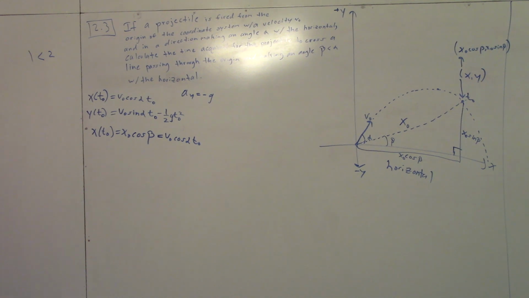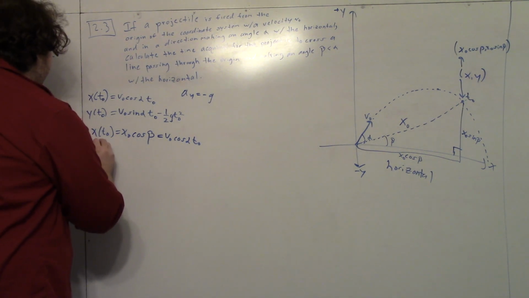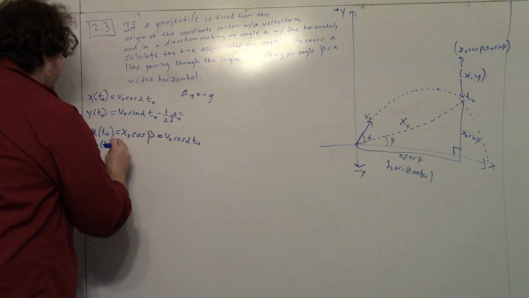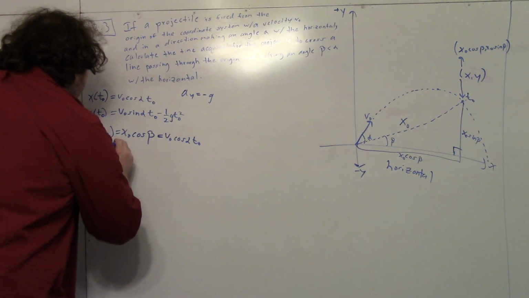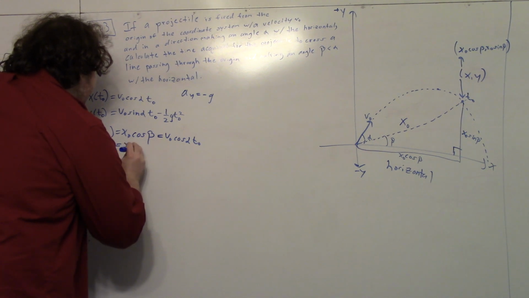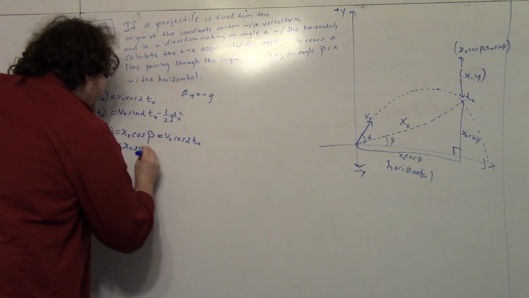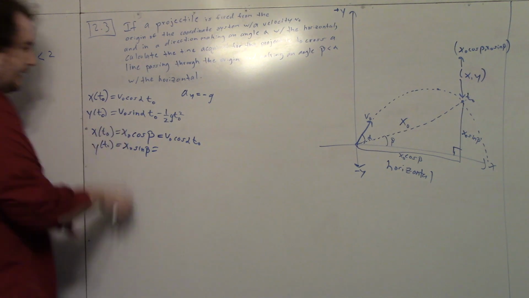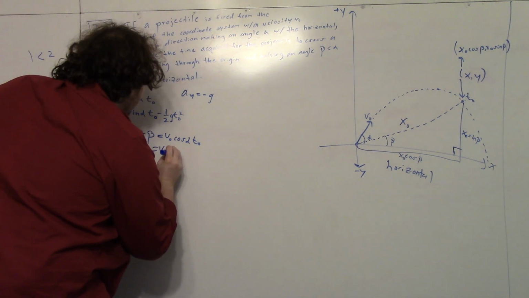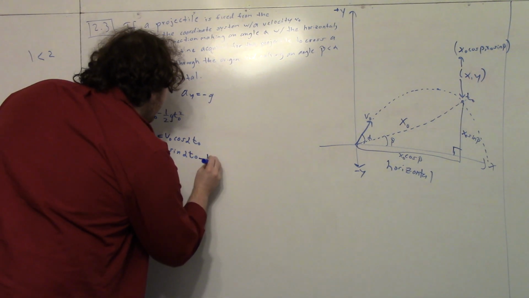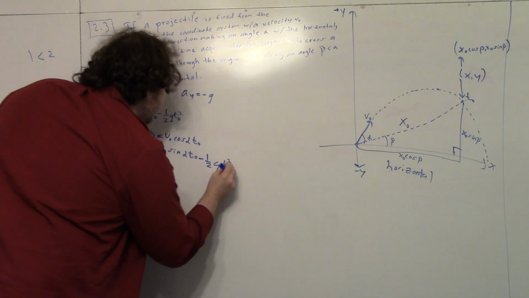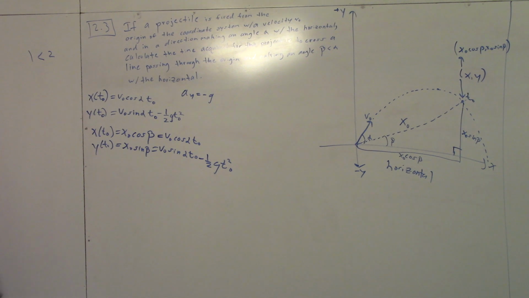Now we're going to do it for the y direction. It'll be x naught sine beta is equal to v naught sine alpha t naught minus 1/2 g t naught squared. Okay, cool.